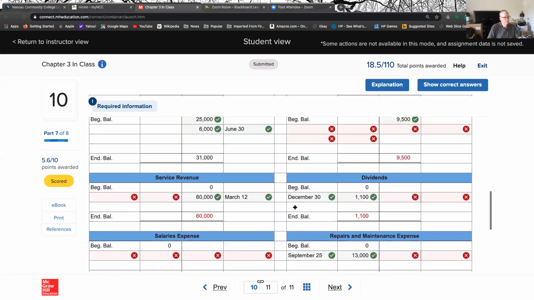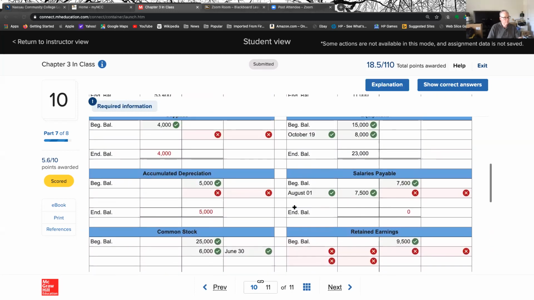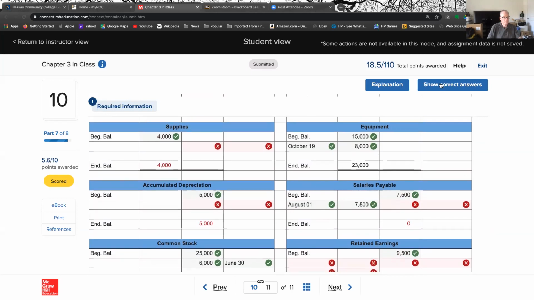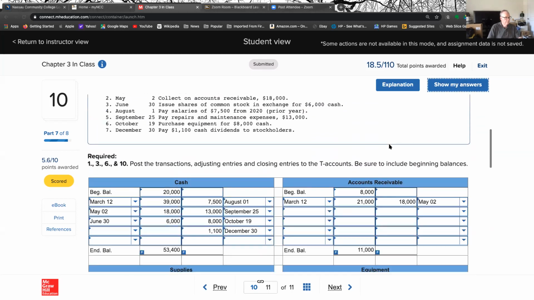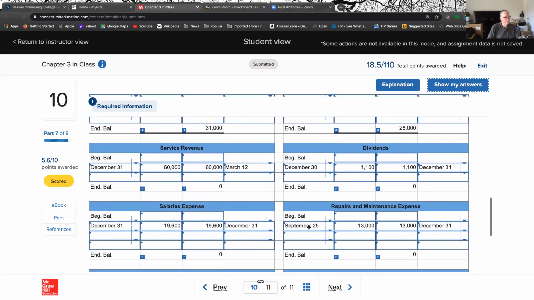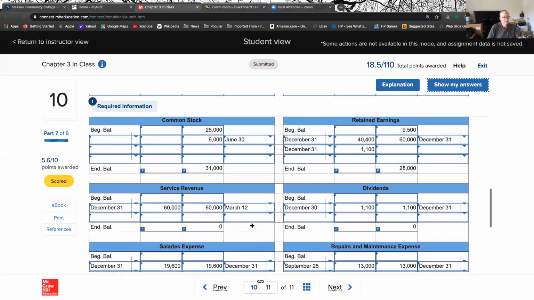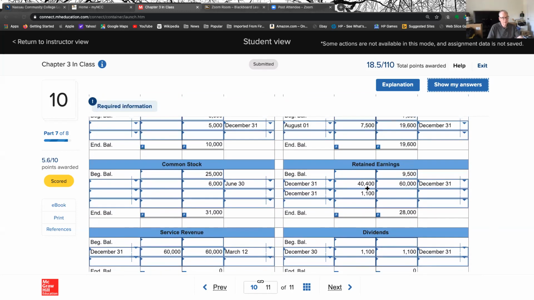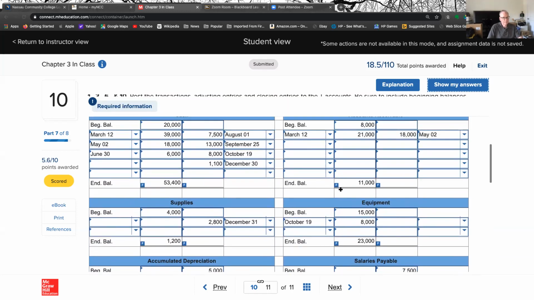Credit supplies. All right, so now if I click that, the numbers will appear. So remember the 3 adjusting entries: debit salaries expense, credit salaries payable. See the entry? Now again, it's showing you after closing.